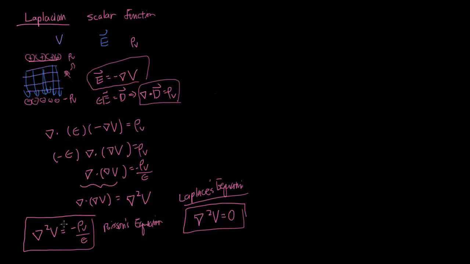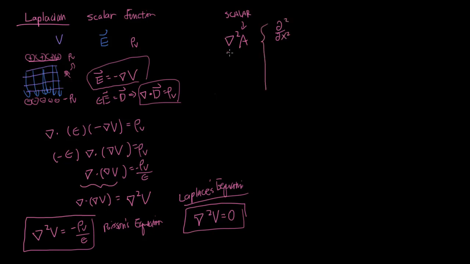So the task that remains is to define the Laplacian for the different coordinate systems. So let's write that out next. Remember, this has to be a scalar function. The Laplacian of a scalar in Cartesian coordinates is basically what you would expect.